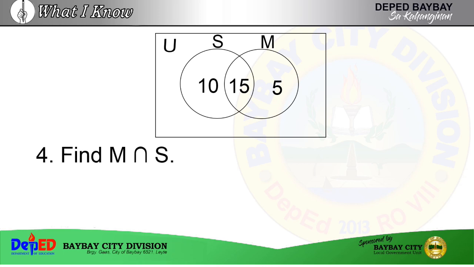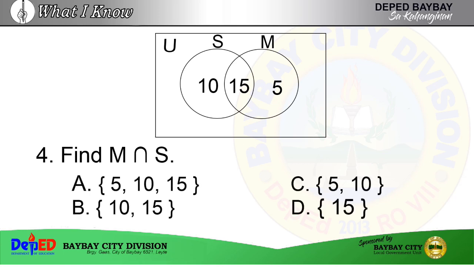For number 4, find M intersection S. Letter A, 5, 10, 15. Letter B, 10, 15. Letter C, 5, 10. Letter D, 15. If your answer is D, very good.